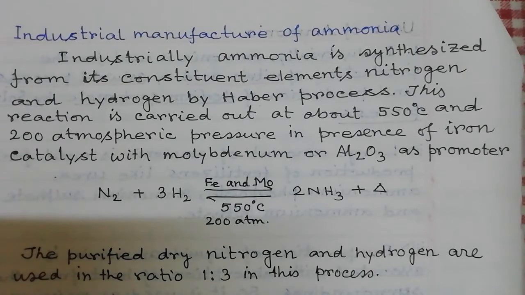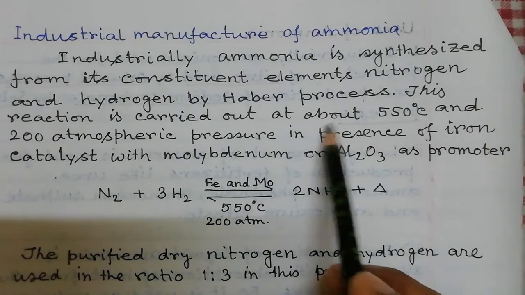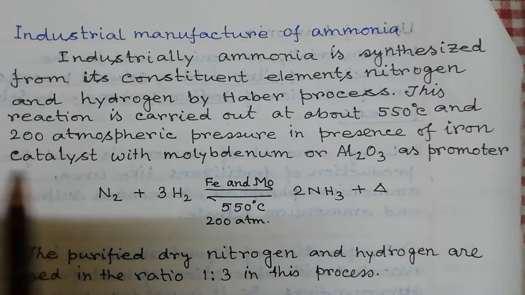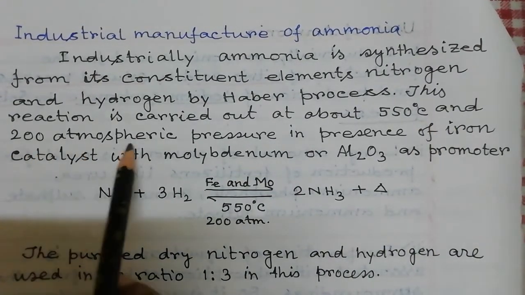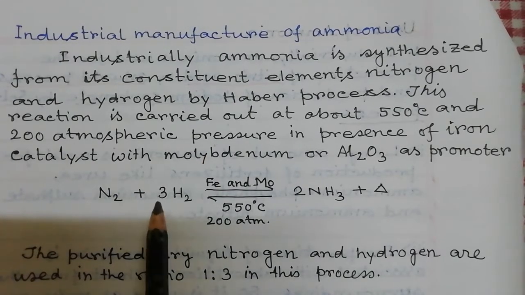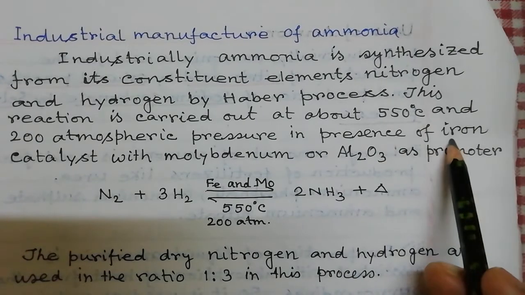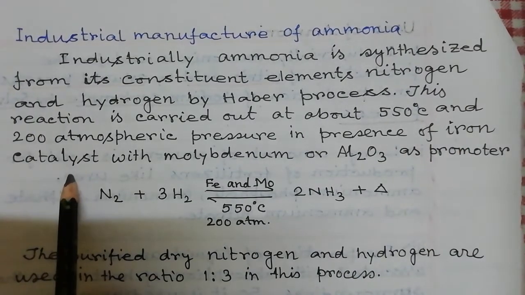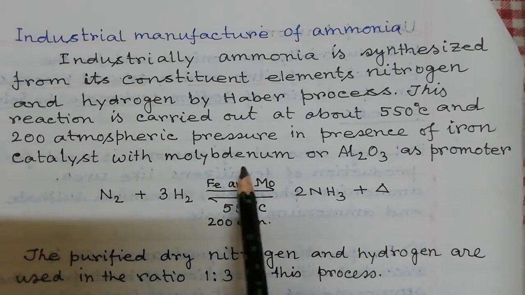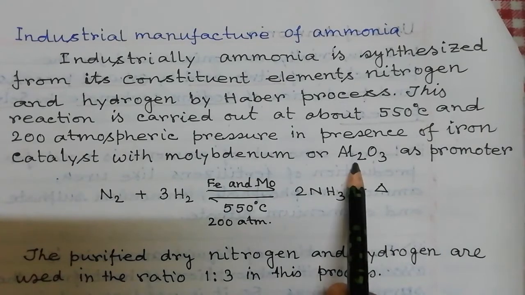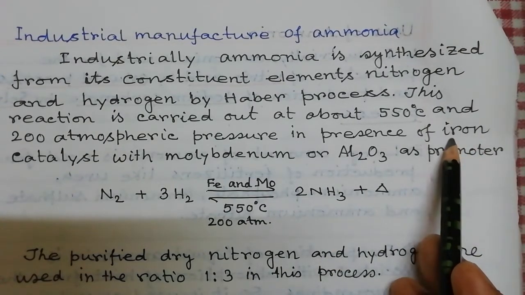In this Haber's process, the reaction is carried out at about 550 degrees centigrade, that means at a moderate or high temperature, and at a pressure of 200 atmospheres. In this process, iron is present as a catalyst, and molybdenum or aluminium oxide is used as a promoter of the catalyst iron.